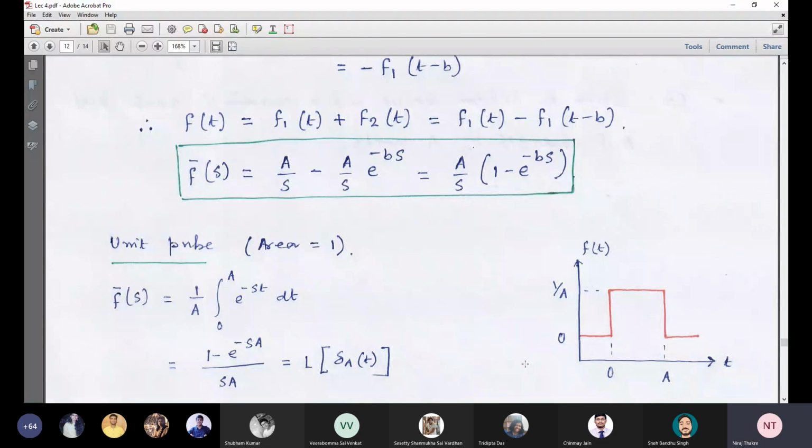So here we have changed, in place of B, 1 by A is considered. So this was B, no? So here we are considering B equal to A, and this one is 1 by A.